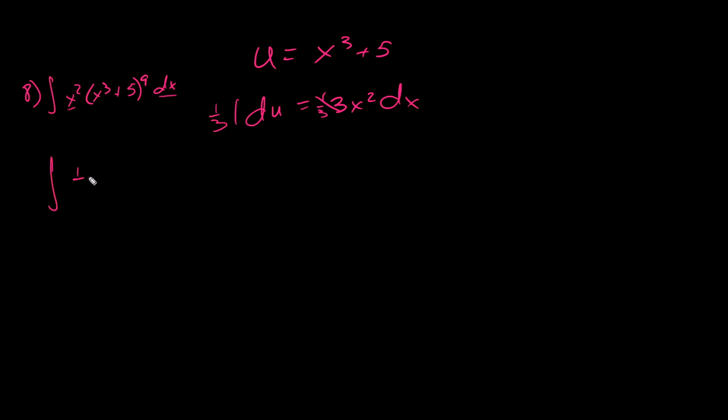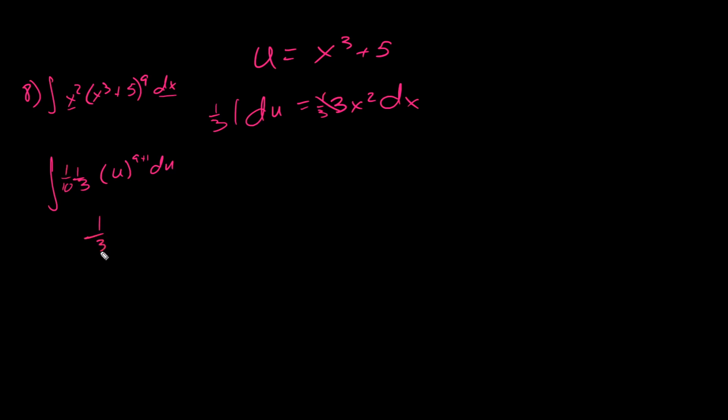That is going to give you the integral of 1/3 u to the 9th du. The antiderivative of this, if we add 1, which means we're going to divide by 10. Instead of dividing by 10, we're going to multiply by 1/10.